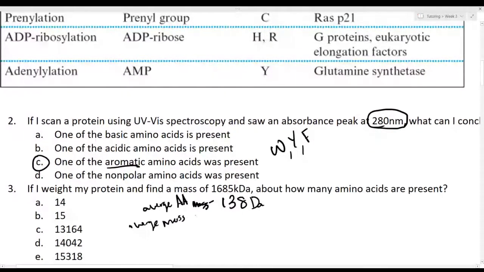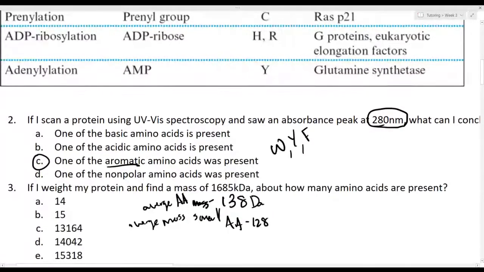So the average mass of small amino acids is 120 daltons, okay? But again, this isn't 110. Why is that? Does anyone know why we lose 18 daltons, or atomic mass units, when we use the number of amino acids? Water, perfect, yes.